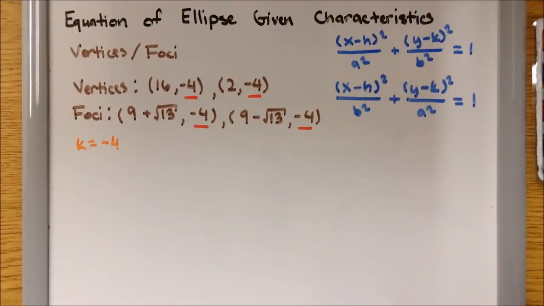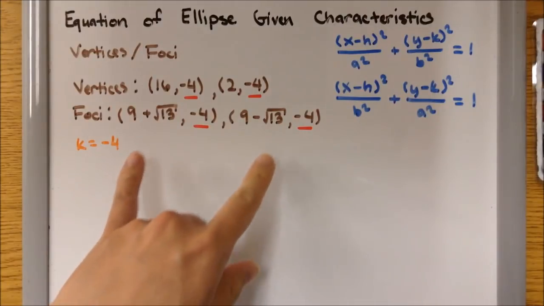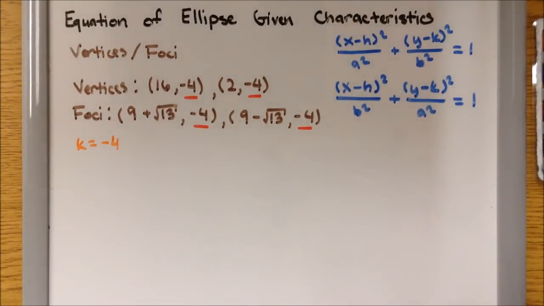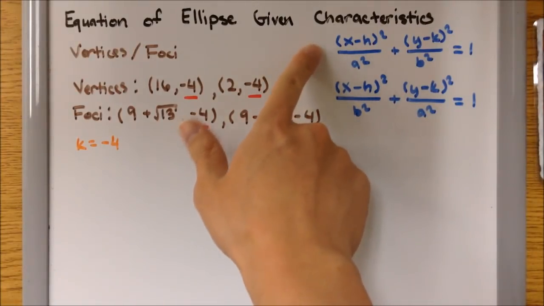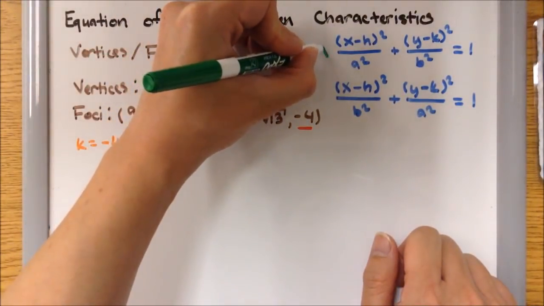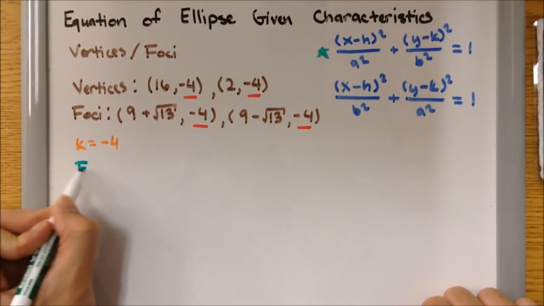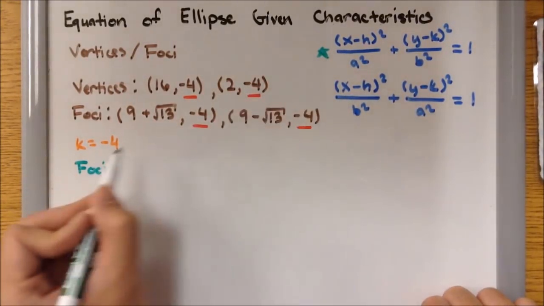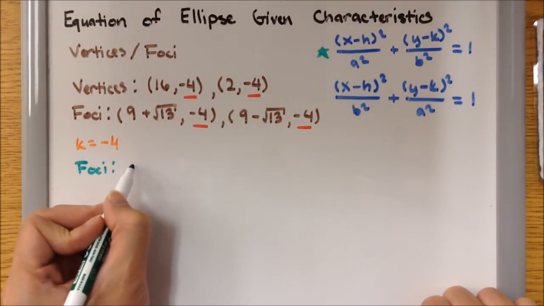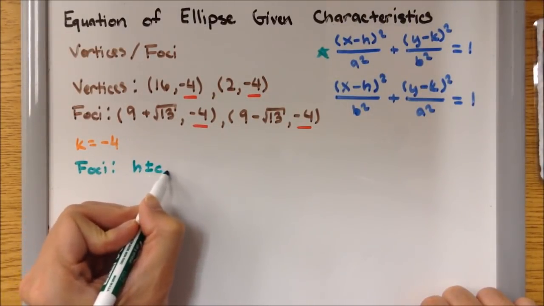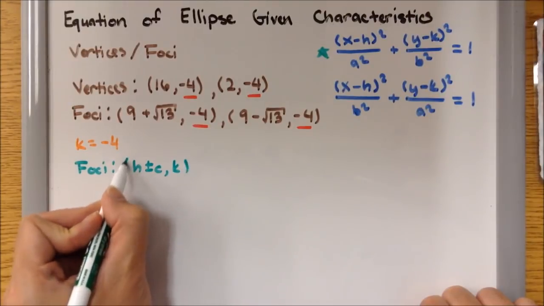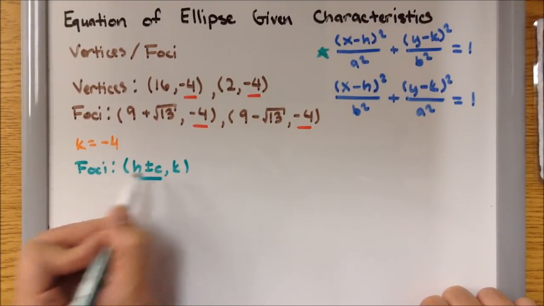In order to find the values of h, a, and b, we have to use the foci here. The reason is that, according to the formulas for foci for this standard form, the first one here, which I'm going to make a star, the formula for foci is (h ± c, k), but we're only going to focus on h ± c.